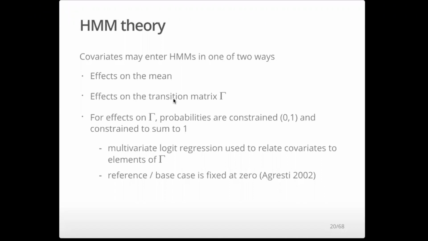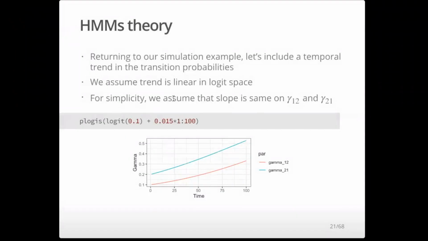So if you're in state 1, you can't just leave; that vector has to sum to 1. Because of those constraints, there's a few approaches for including covariates. Multivariate logit regression is probably the most commonly used, and I'm not going to be worrying about that so much in this class, but that's one way to deal with it.